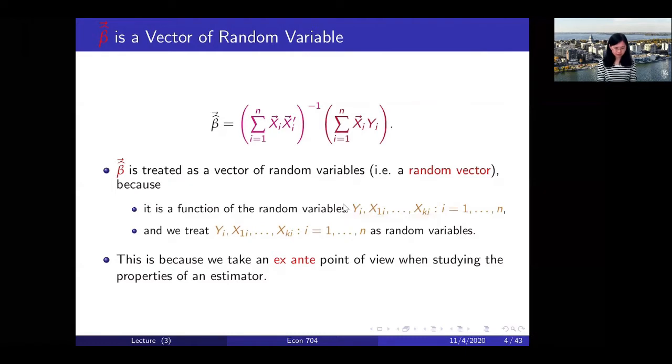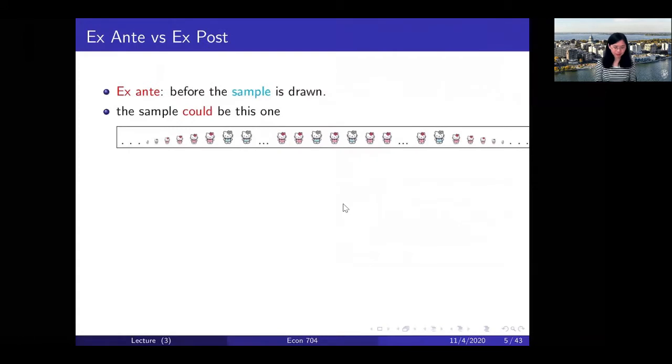The sample is treated as a collection of random variables because we take the ex ante point of view when we study the properties of the estimator. We talked about ex ante and ex post points of view extensively in the first part of the course, but now let's quickly go through it again.